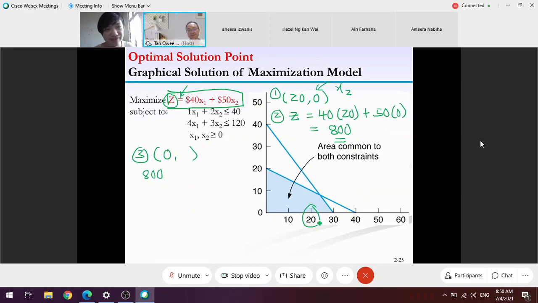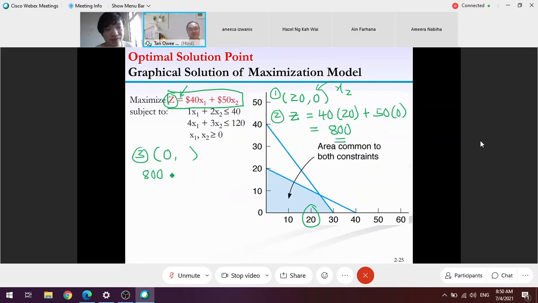Bear in mind, because I pick 20, 0, I get 800 now. If you pick 10, 0, then you will get a different number, not 800. Nothing wrong. You can pick 15, 0, you will get another number. We end up with 800 because I picked 20, 0.